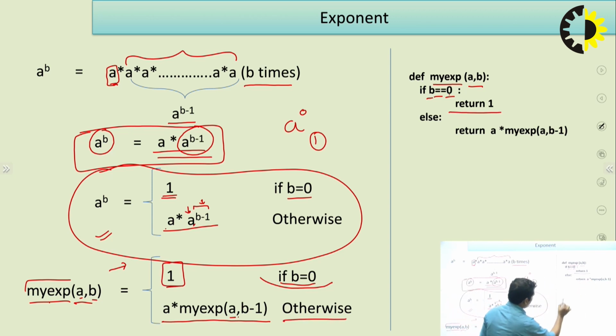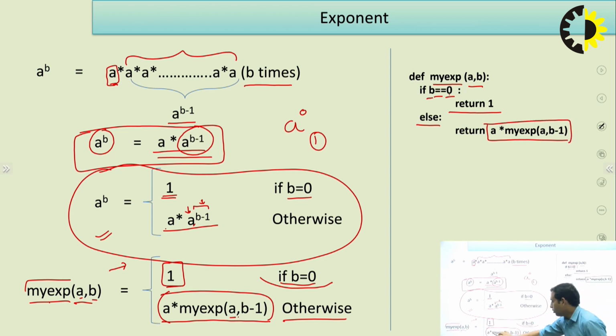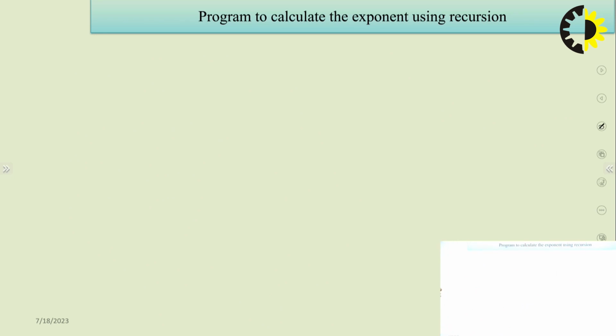Otherwise, in the else part, what to return? Simply return this one, a into the function call myexp, the same function, and the first parameter is a, and the second is b minus 1. This is the recursive program for exponent, a recursive function mainly.